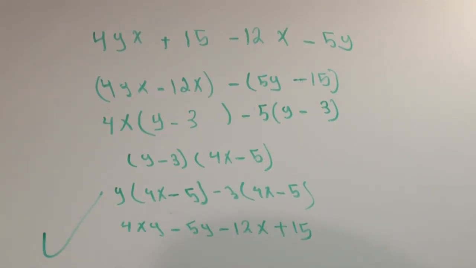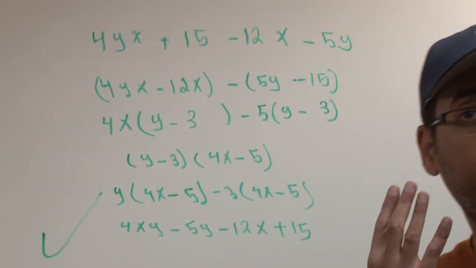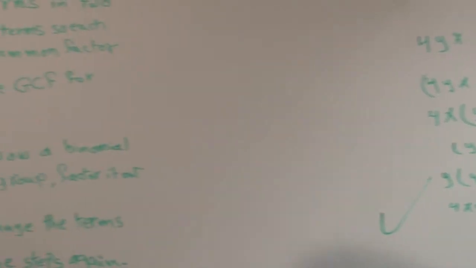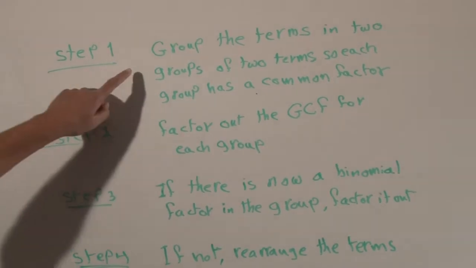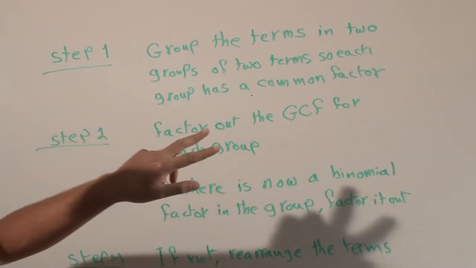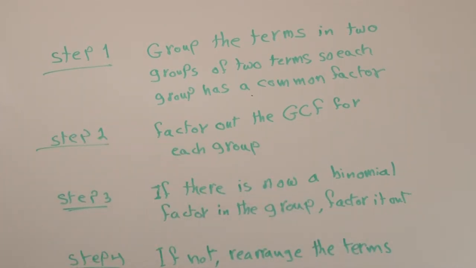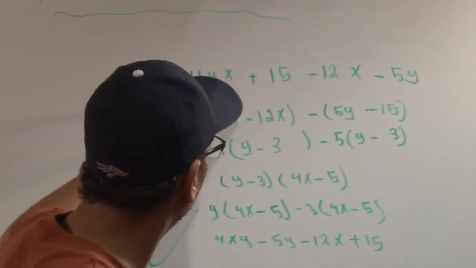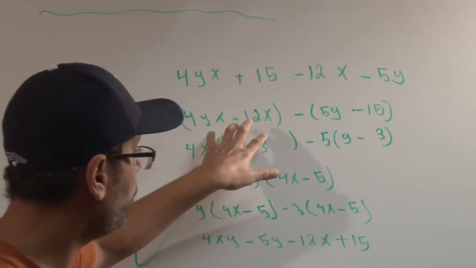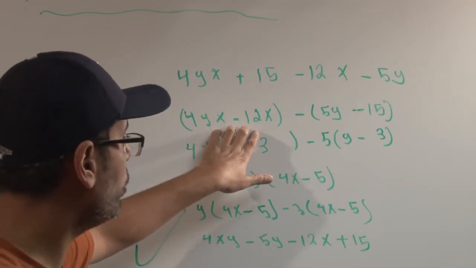Cool. So now I could conclude that I have 4 steps to solve this kind of problems. Number 1, the first thing is to group the terms in 2 groups of 2 terms, so each group has a common factor. Each group has two terms here, so that I can factor each group.